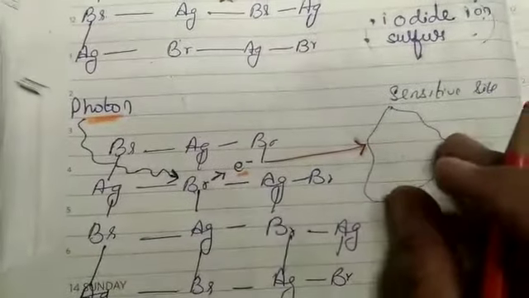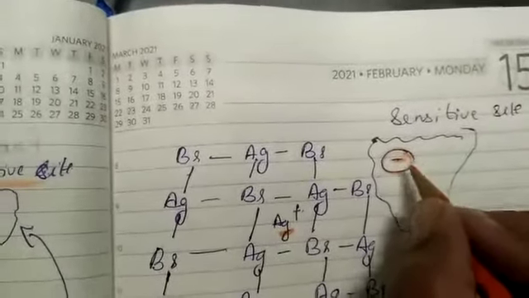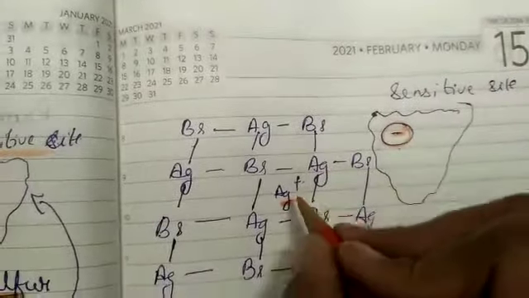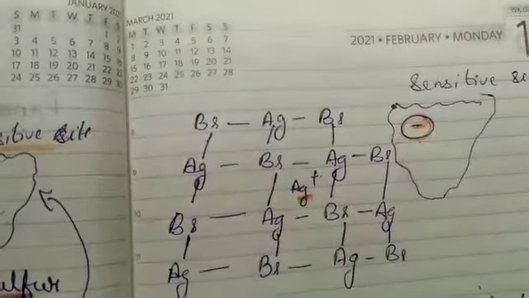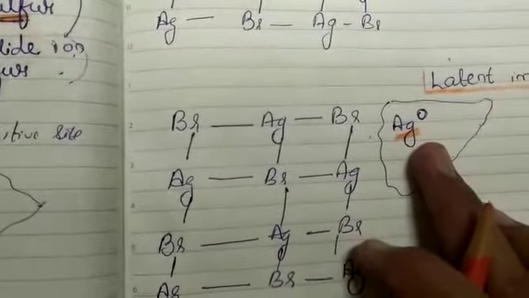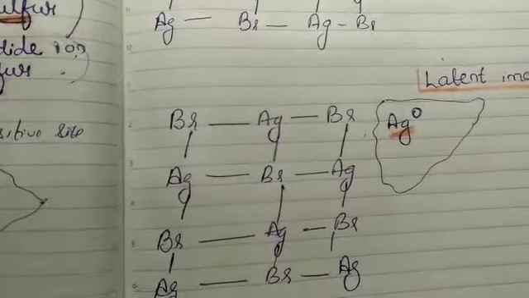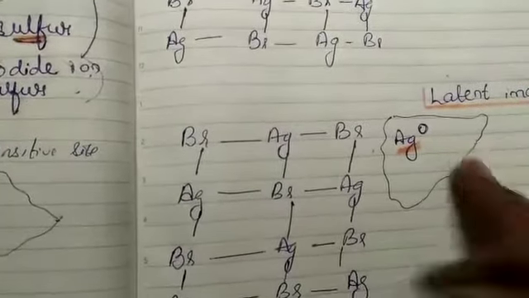When they reach the sensitive site, they make it negatively charged. Now this negatively charged sensitive site attracts the free silver ions, and these free silver ions get trapped in the sensitive site and form a neutral silver atom, which is called a latent image site.